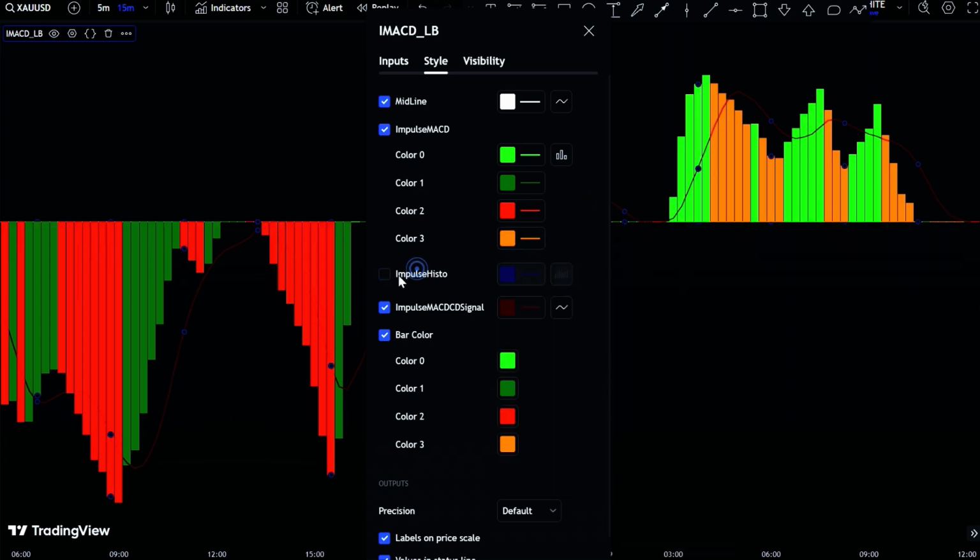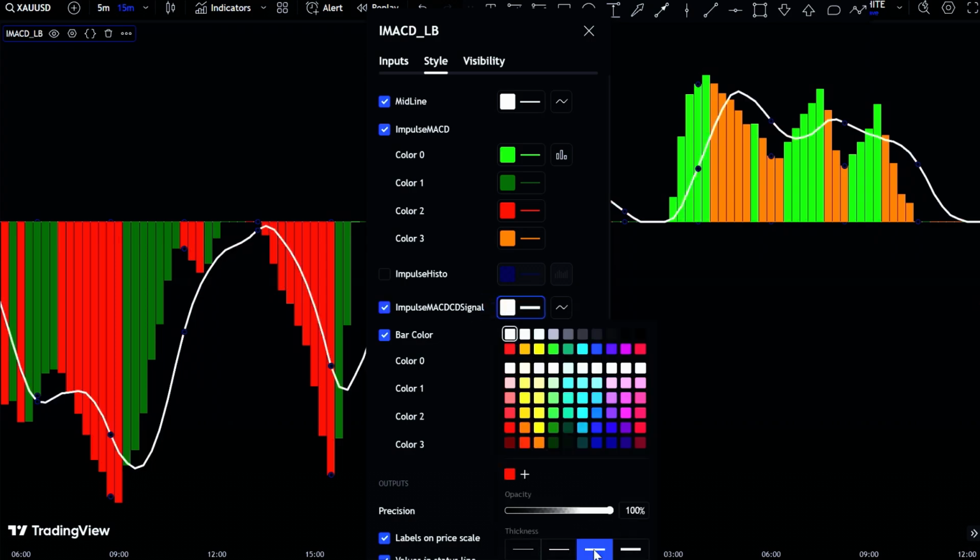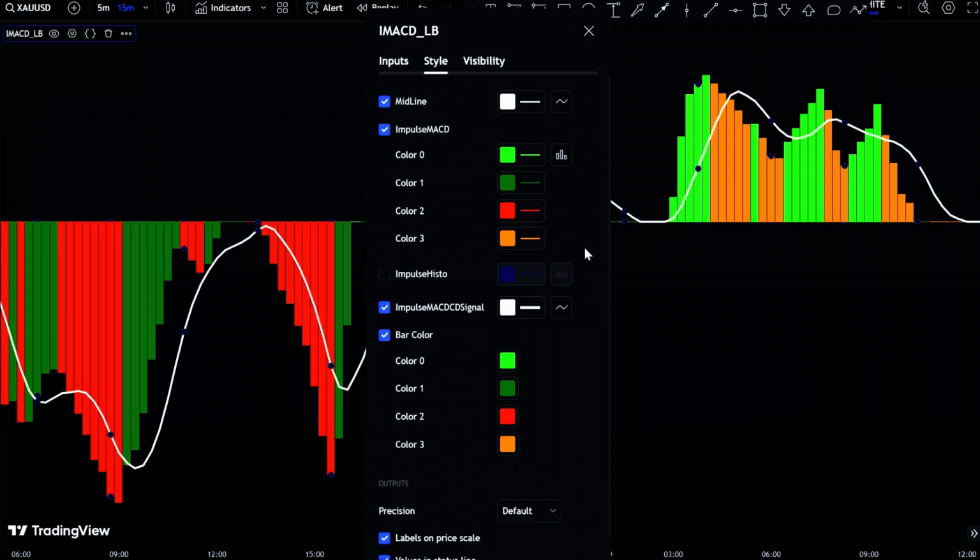Now, let's disable the Impulse Histo option. Then, make the Impulse MACD signal option thicker and more visible. And there you have it, no need to fiddle with any other settings.